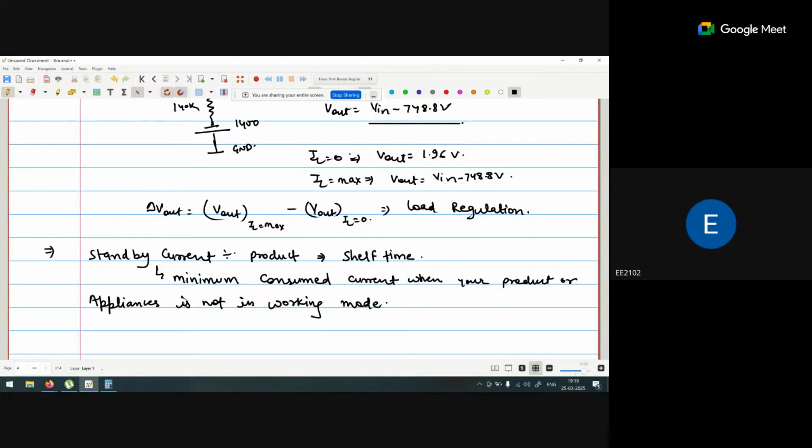Everything is in working condition but it is not in operation. So this particular value is the minimum consumed current of any product or appliance when it is not working.